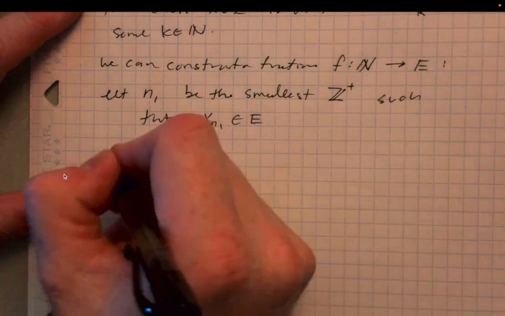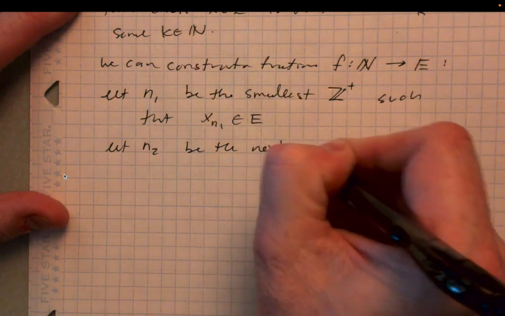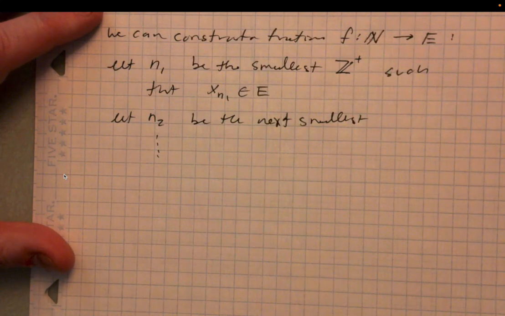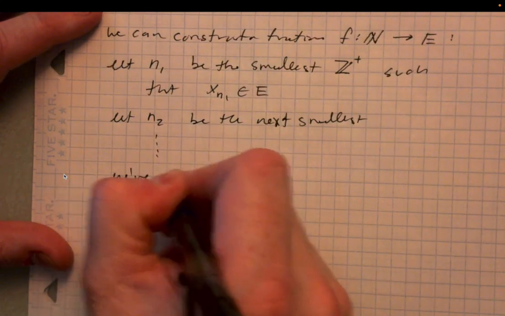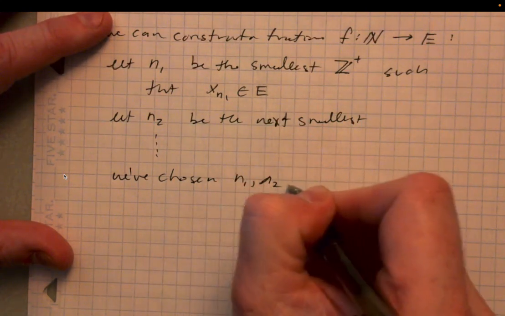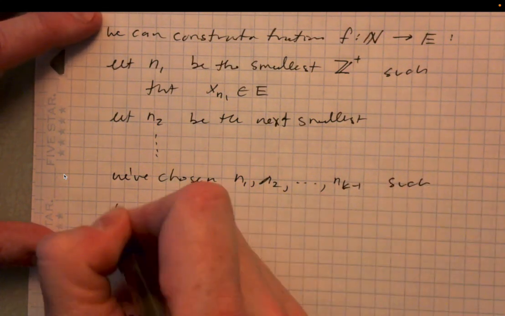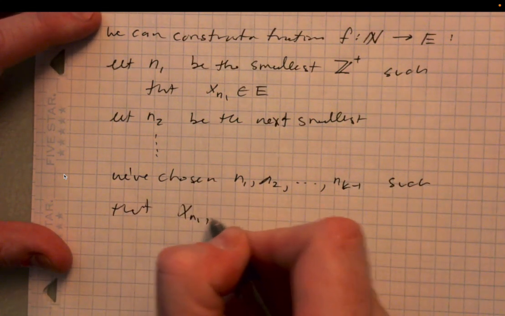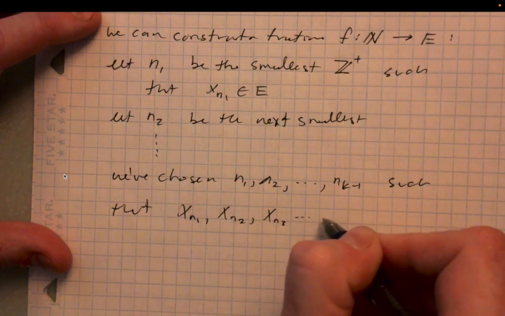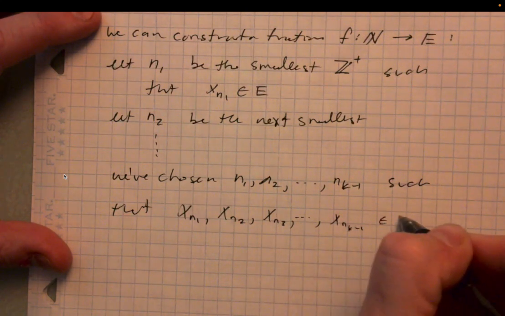Then we could do the same thing. Let's let n sub 2 be the next smallest, and so on. So we've chosen n sub 1, n sub 2, and so on up to n sub k minus 1, such that x of n sub 1, x of n sub 2, x of n sub 3, up to x of n sub k minus 1 are all elements of E, right?